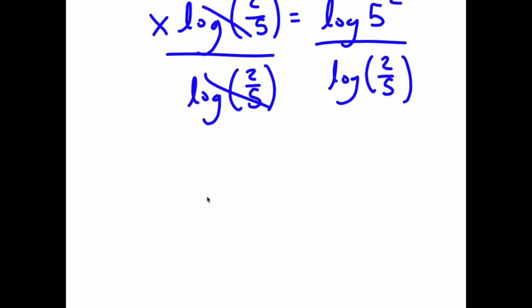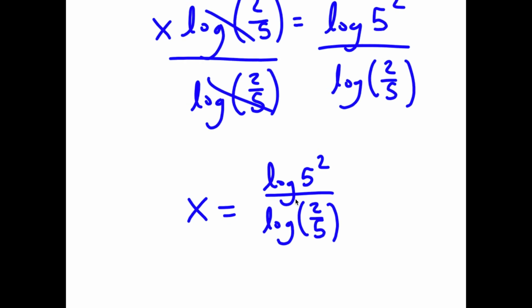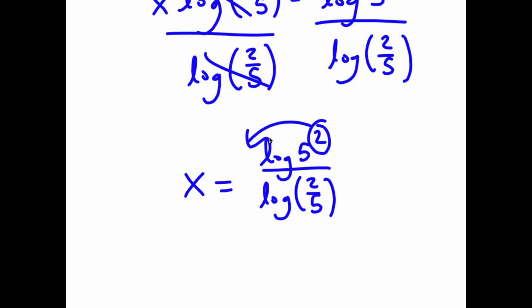Now I'm going to divide both sides by log of 2 over 5. These two cancel out. So now I get x is equal to log of 5 squared over log of 2 over 5. Now I can move this exponent 2 to the front.